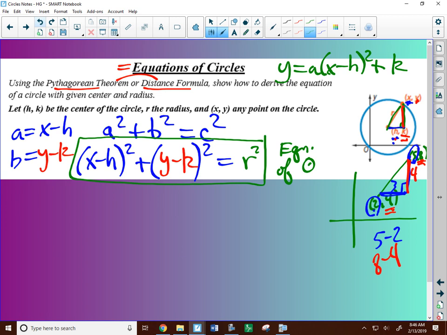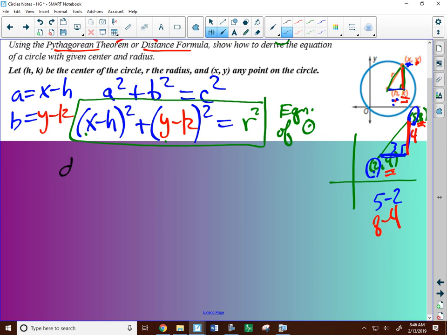Notice this has an h and a k being our center. I'll talk about that in a minute. x and y is any point on the circle, and r is, of course, the radius. Now, I want to show you the distance formula is equivalent. So this is on that formula sheet over there.